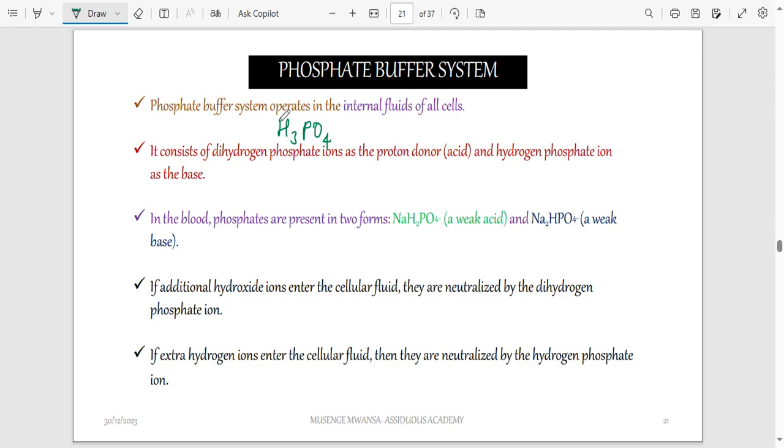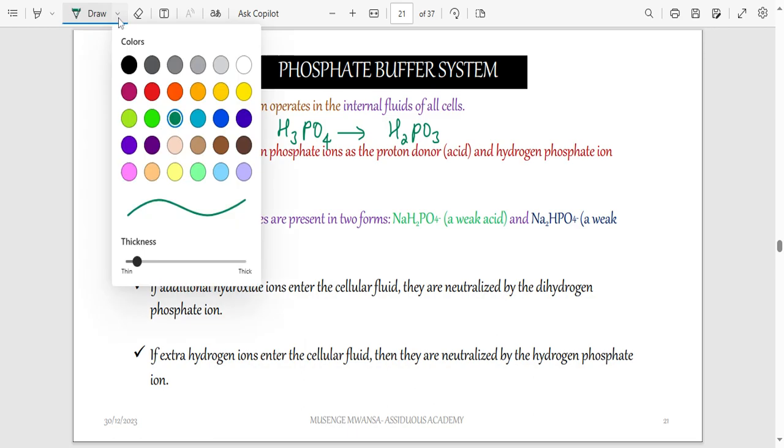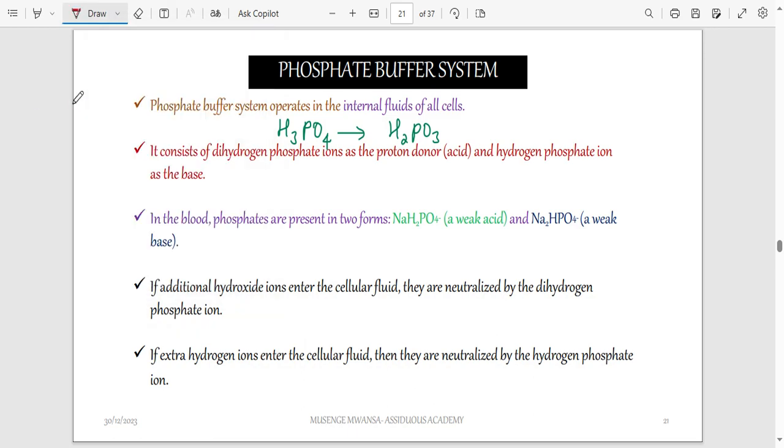So this phosphoric acid can dissociate. If it loses one hydrogen, you are now going to have H2PO4. Remember I said that when it loses one hydrogen, it's supposed to carry a negative sign, isn't it? But we said that we don't want those negatives, so you can simply attach a sodium in front to balance that negative sign.